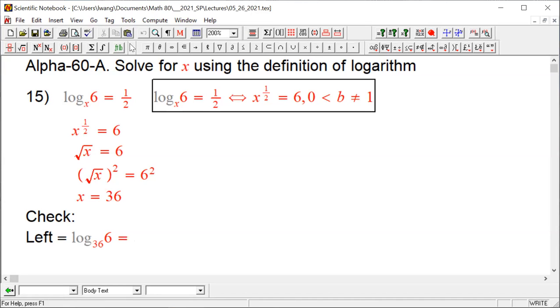Okay, 6 equals the square root of 36, and that is log base 36, and the square root of 36 is 36 raised to the power of half. And therefore the answer is going to be half. So the left-hand side equals the right-hand side. We got the right answer.